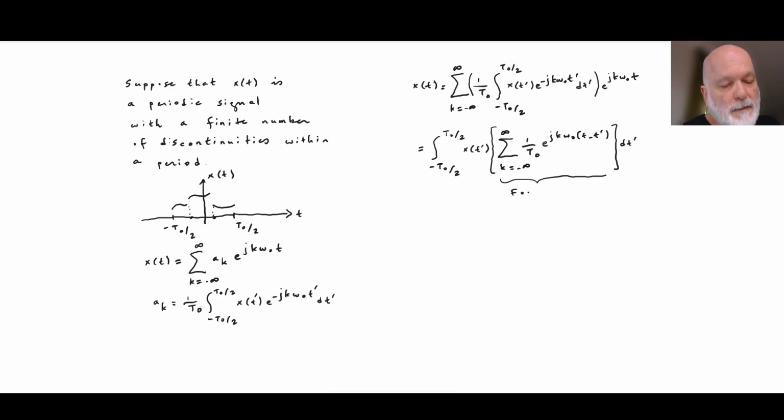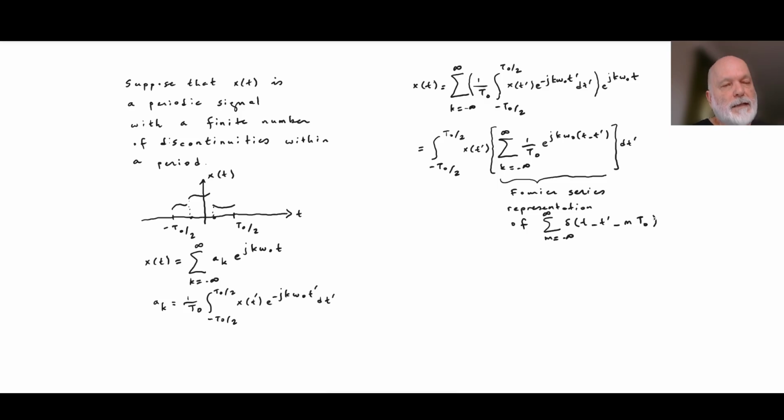This is the Fourier series representation of the impulse train, the sum over m from minus infinity to plus infinity of delta of t minus t prime minus m t0.